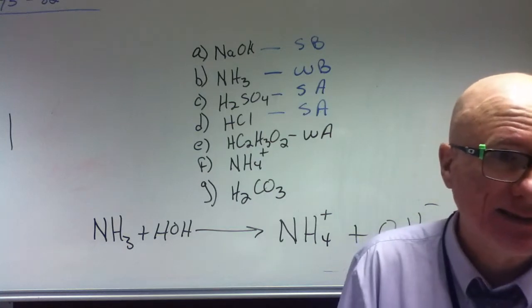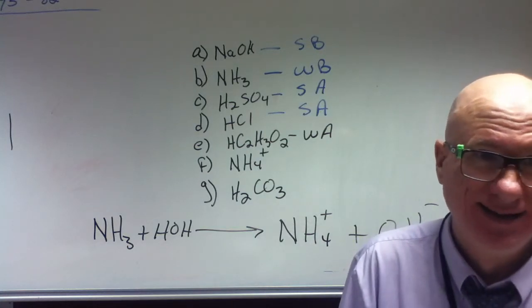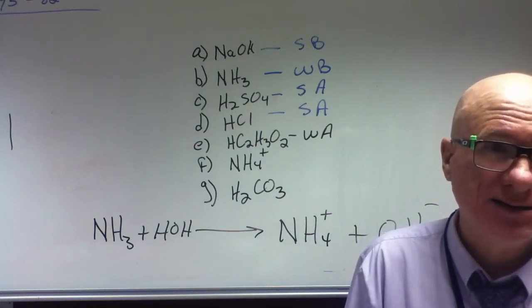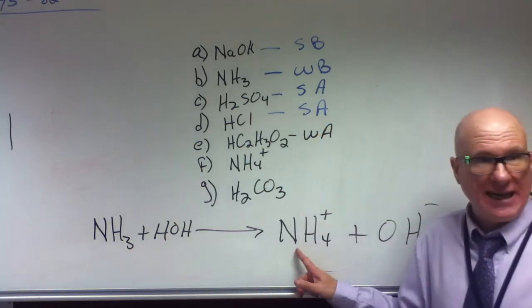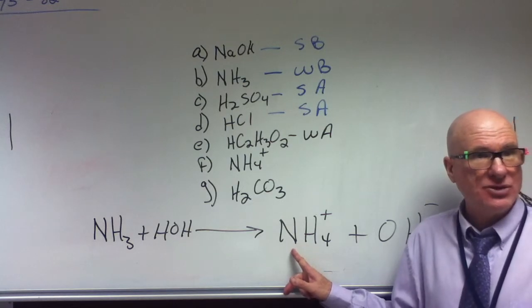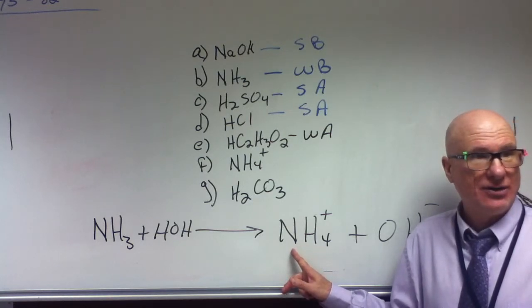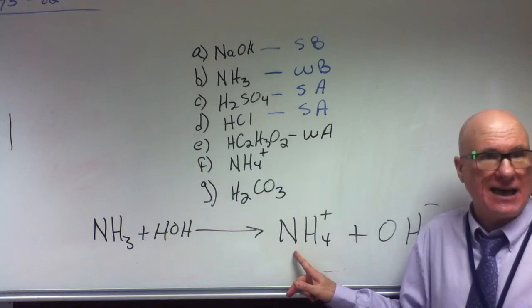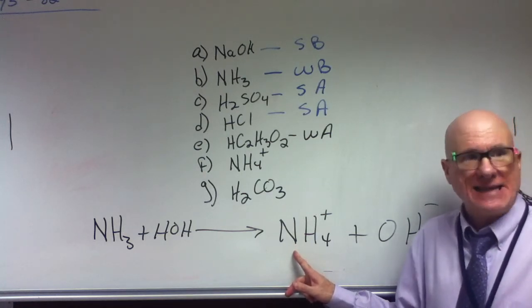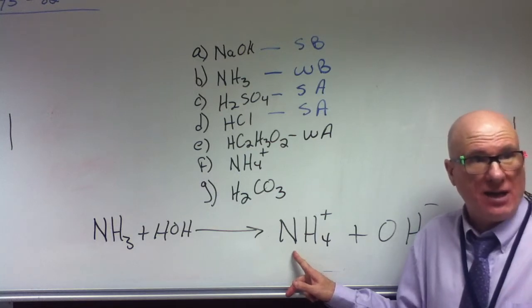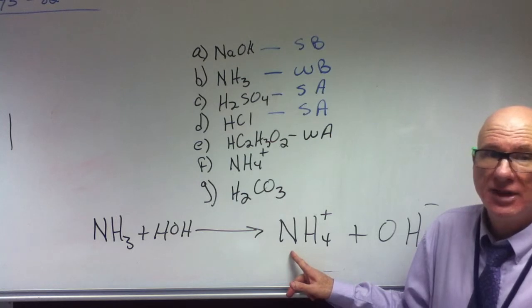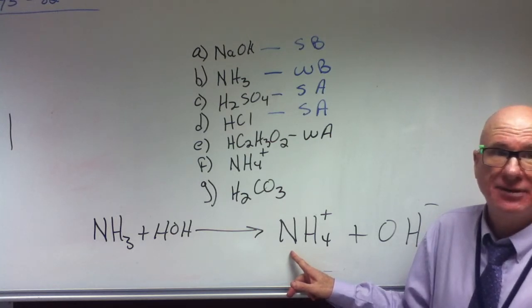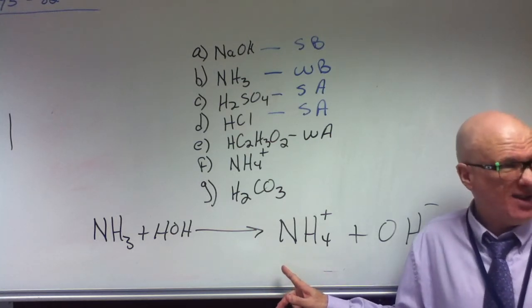It's a base. You've got to do some reading, guys. So the conjugate acid would be a proton donor or acceptor? Do you think it's going to accept another proton, or is it going to donate a proton? Is it going to accept another one?